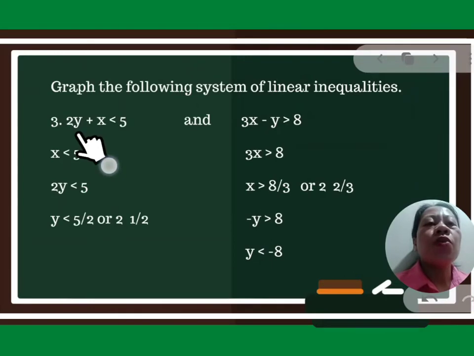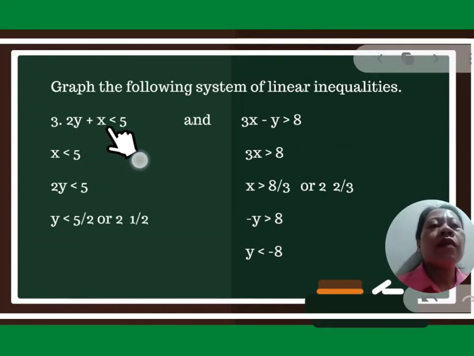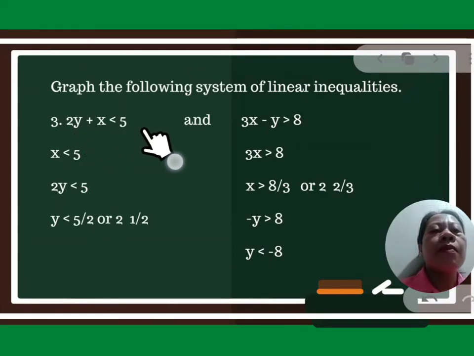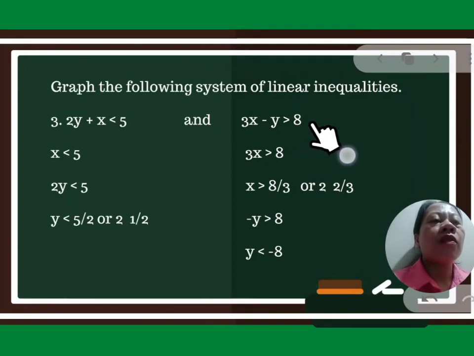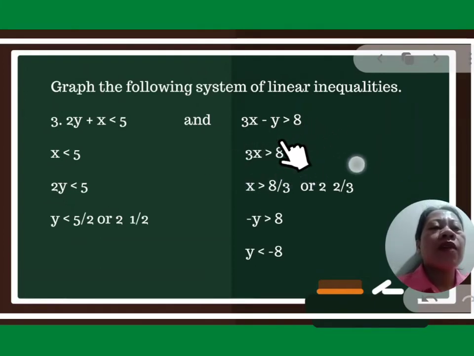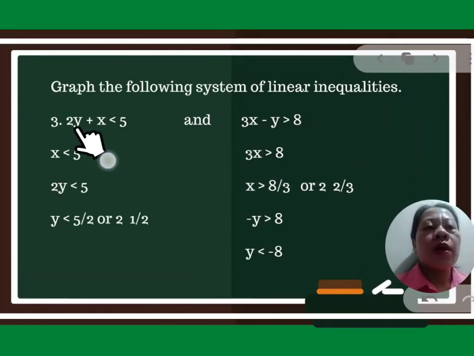Okay, for number 3, we have 2y plus x is less than 5. And then, for the second inequality, we have 3x minus y is greater than 8. So, parang yung naka-standard form, ano? Pero ito ay nauna dito yung may variable y. And it doesn't matter. Okay, so, standard form pa rin ito.